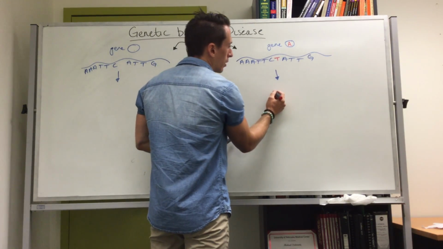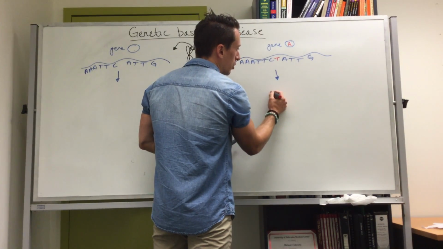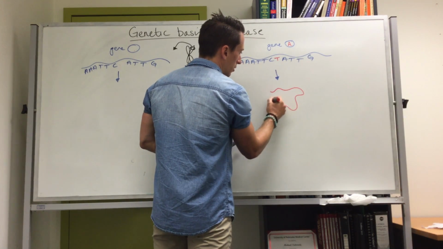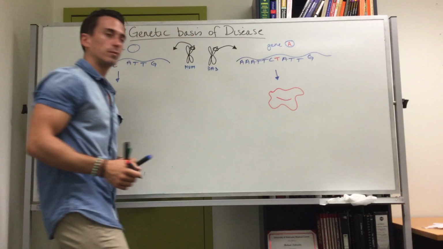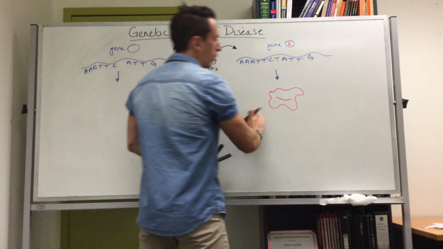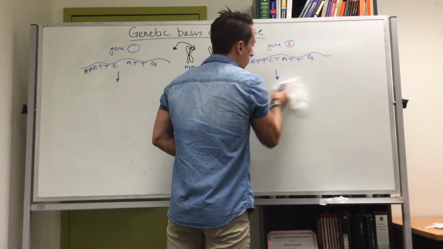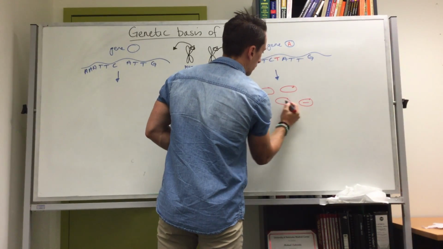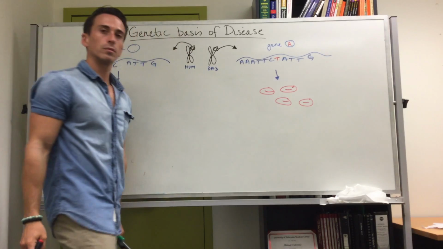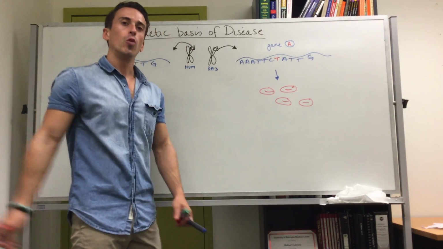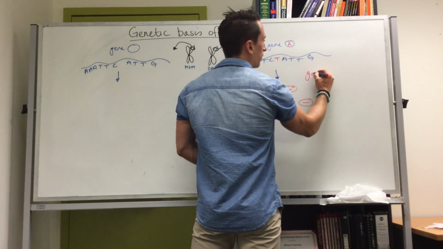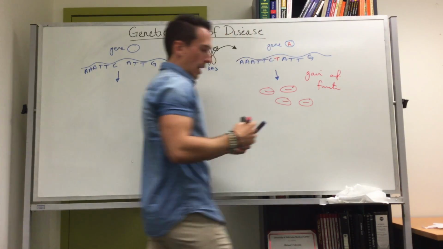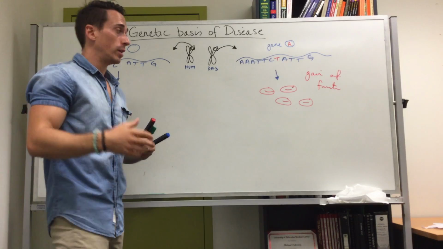So for example, like I showed before, instead of losing the function, you get a changed function. So now this red blood cell, or let's just say we make too many of these blood cells, it's changed the function. We call this a gain of function. And sometimes this can be dangerous and result in a disease.